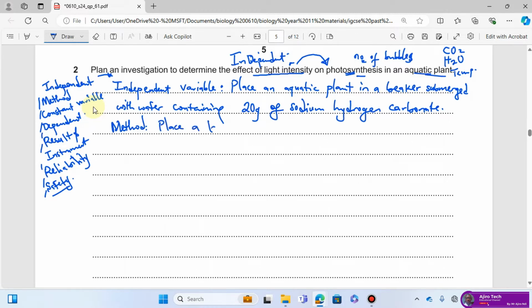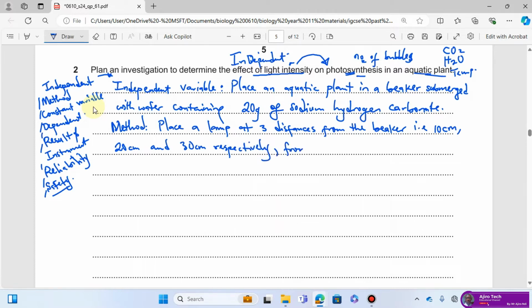Place a lamp at 3 distances from the beaker, that is, let's say 10 cm, 20 cm and 30 cm respectively from the top, and allow the setup for 2 minutes.